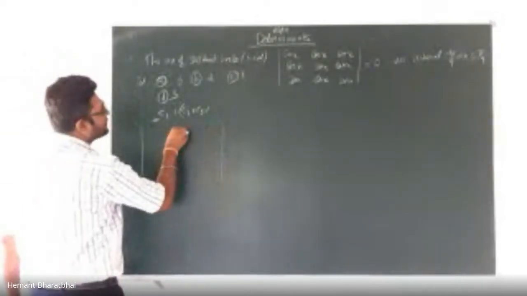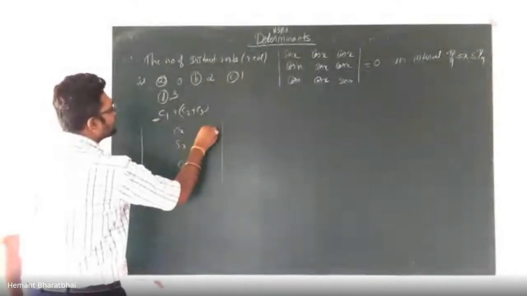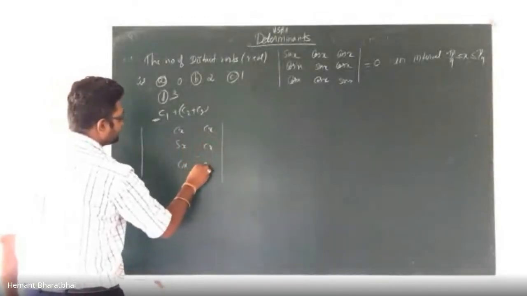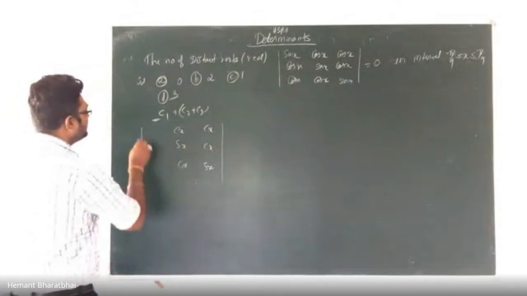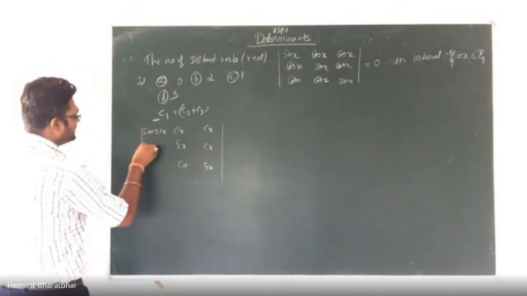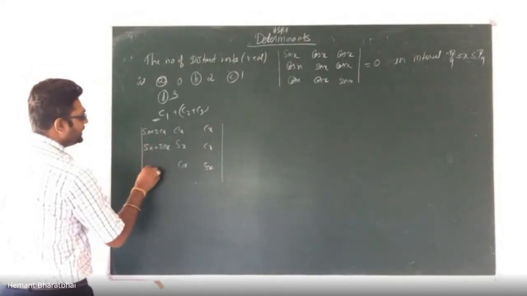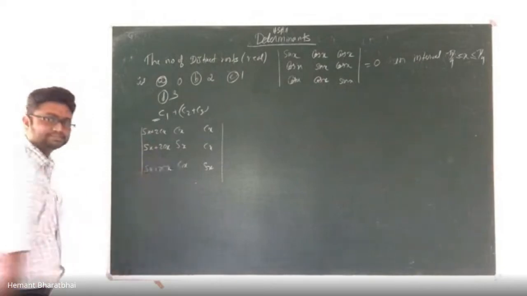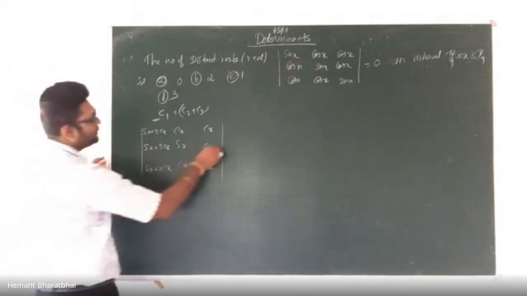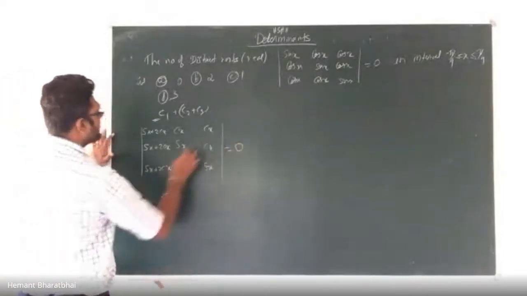So I can write it as cos x, sin x, cos x in the second column, cos x, cos x, sin x in the third column, and the first column becomes sin x plus 2 cos x in every row, equal to 0, as given.